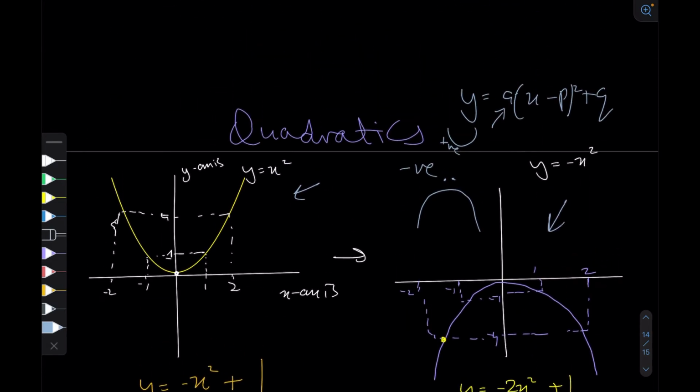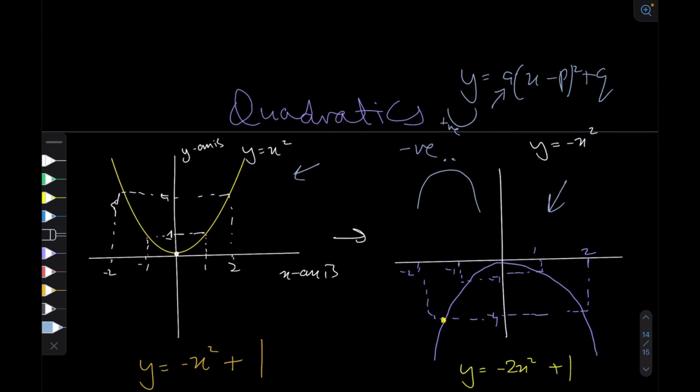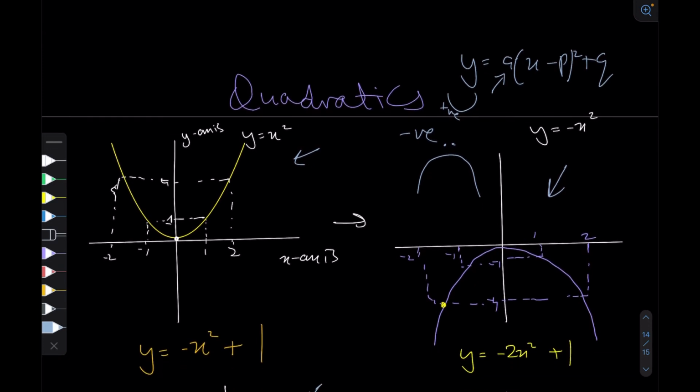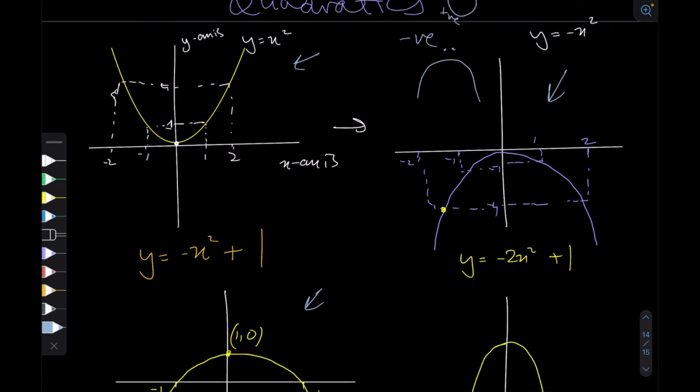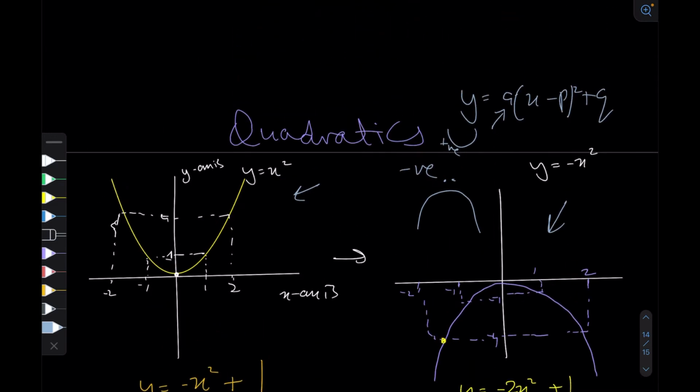This is the effect of a. Also notice that if a is 1, my curve looks something like this. If a is 2, my curve will be steeper. If my a is half, my curve will be more spread out.